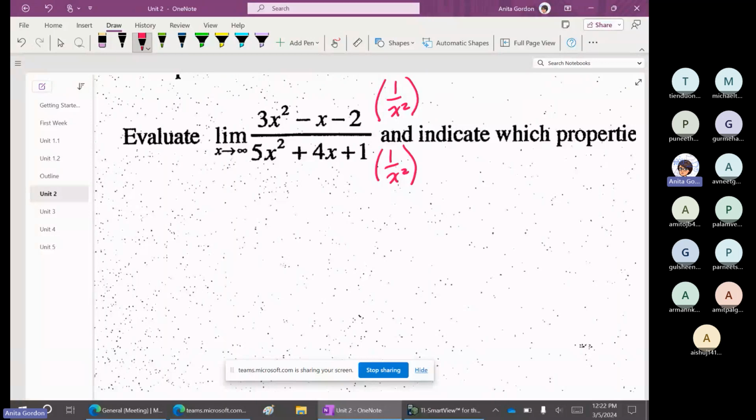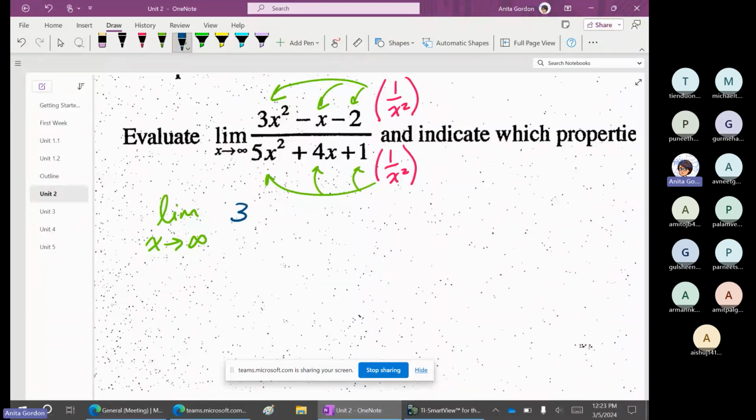We're not changing the value of the function, we're changing how it looks. If you did that, what would you get? The limit as x approaches infinity. Look at the top. Multiply it through. What's the numerator going to give me?